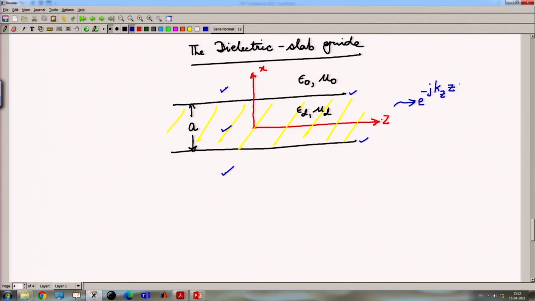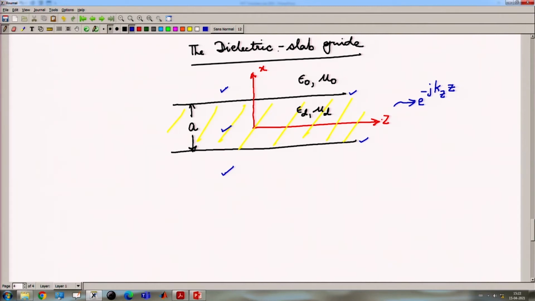So, modes TE and TM to either x or z can be found, and we will choose the TE and TM to z modes, because the propagation is along the z direction.